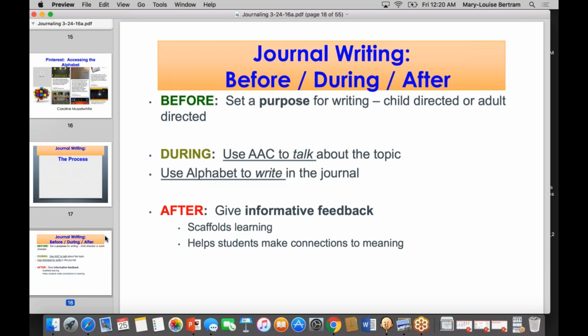And we'll talk about this in a bit more detail in a moment. During the actual journal experience, we're going to use our AAC to say something about the topic, then we're going to use our alphabet to write about it. After the student has written in the journal, then the adult is going to give some informative feedback about that scribbling, about that writing. So we'll go through this in more detail.